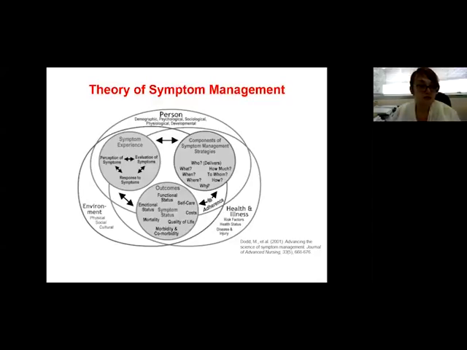It's the sorts of symptoms that you have, your response to the symptoms, how the symptoms might be evaluated, then how they are managed, who delivers the care, what sort of management, how much, when is it provided, how is it provided, by who, and why. And then the outcomes.